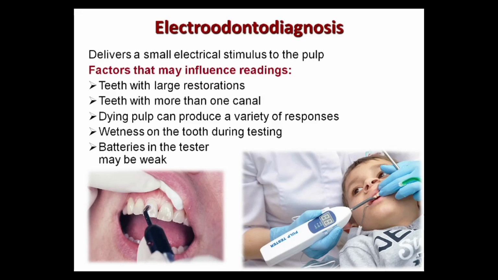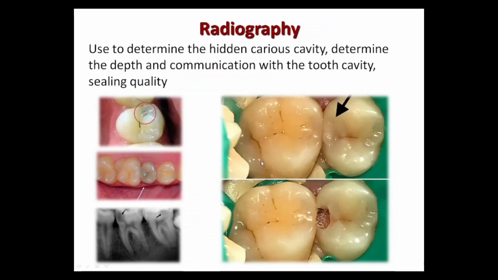Factors that may influence reading: teeth with large restorations, teeth with more than one root canal. Dying pulp can produce a variety of responses. Wetness on the tooth during testing, and batteries in the tester may be weak, so it may skew the indicators.